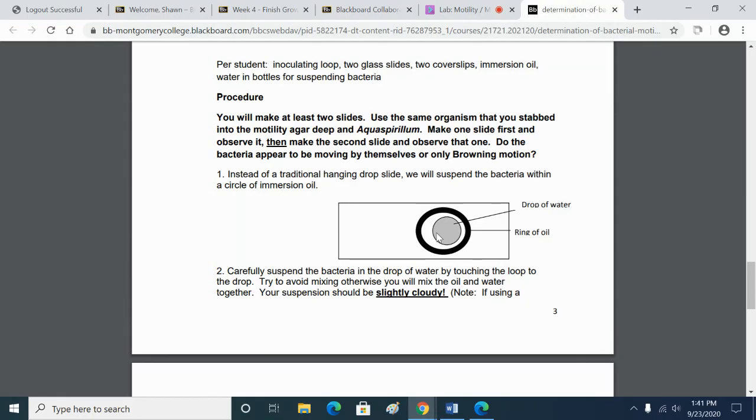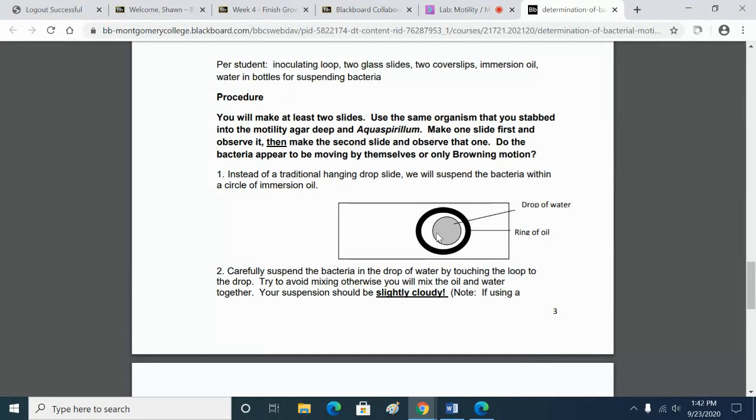You do have to play with the iris diaphragm a lot, because basically you'll keep it closed almost all the way. With too much light, all you see is white light, because the bacteria are colorless, so they have no contrast. And you're focusing through water, so you won't see anything except white light, so you've got to close the iris. And since you're looking for unstained bacteria, it can be hard to find anything to start with.